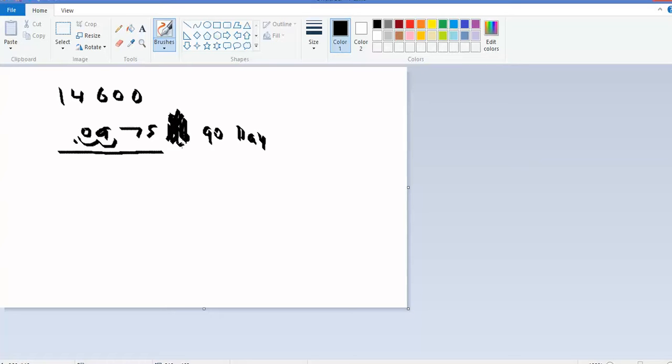Okay, so that's going to be $14,600 multiplied by 0.0975. That means that for an entire year, you're going to have 1,423.50. Let's call it 1,424. Okay, and that's again the 14,600 times 0.0975.